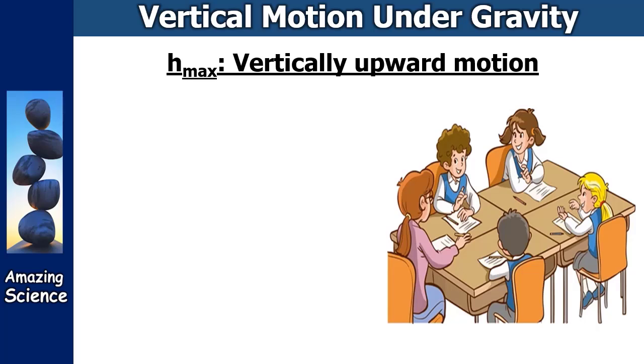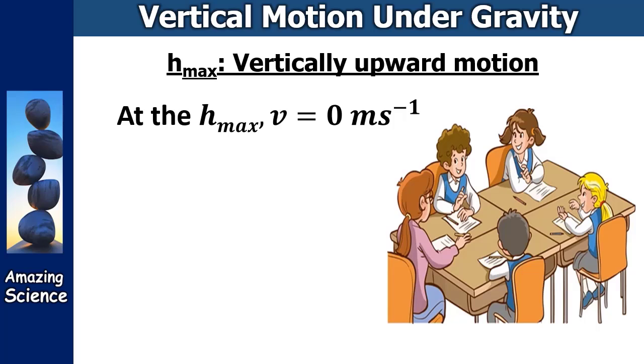We already know that at the maximum height, the final velocity is 0. And since we want to find the maximum height, which is h, we have to use the second equation, which is v squared is equal to u squared minus 2gh.